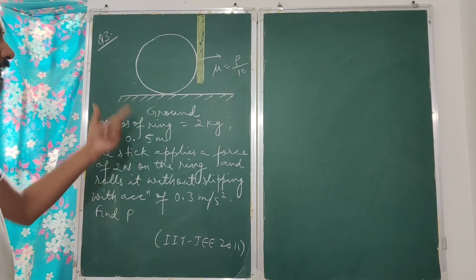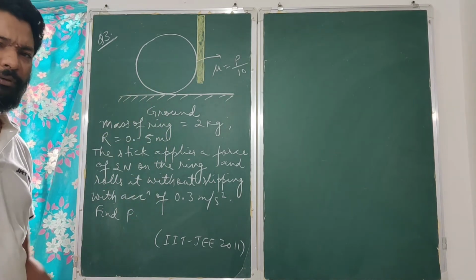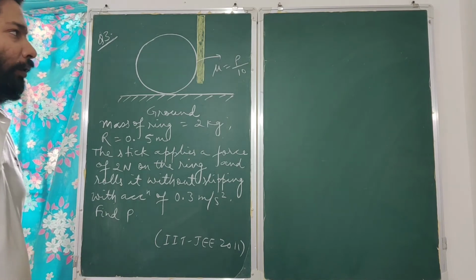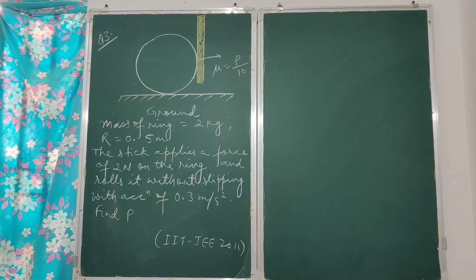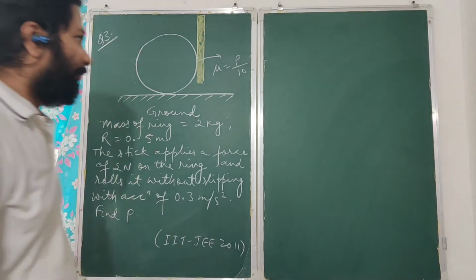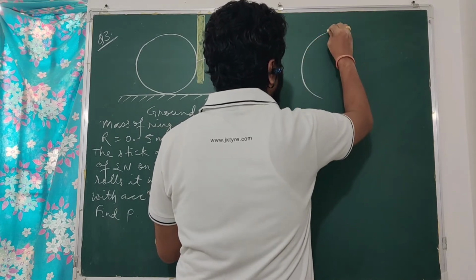So in all such kind of problems, the first thing we should do is we should always try to draw the free body diagram to understand what are the forces acting and what are the possible torque which can act on the body. So let us draw the free body diagram of this. So this is your ring.